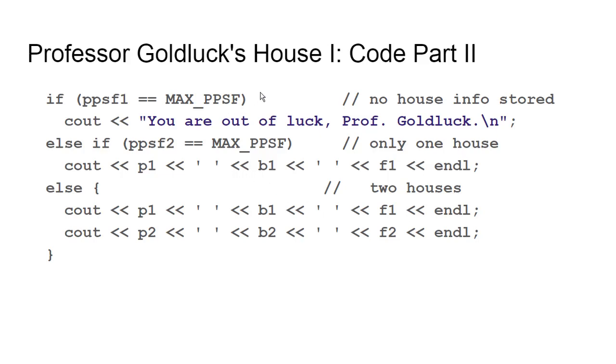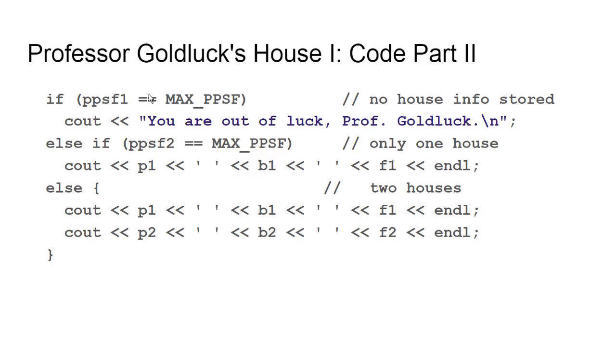One thing I want to mention here is that we do not need an actual variable to store whether we have found the first house or the second house, because that information can be inferred from the PPSF value we have stored. In fact, it can be inferred from any of the variables we use to record house information. We could have used P1 equals 0 here.